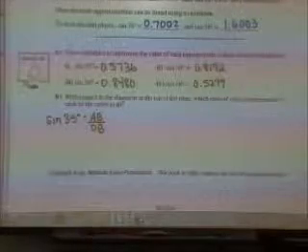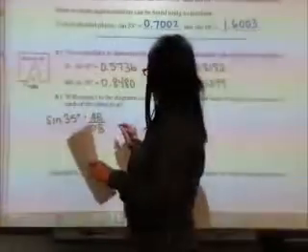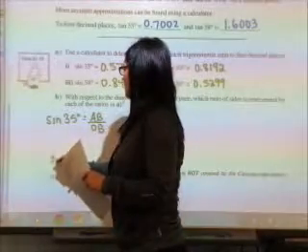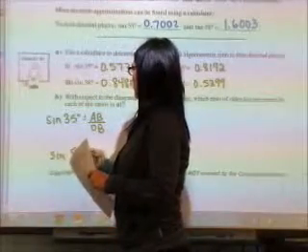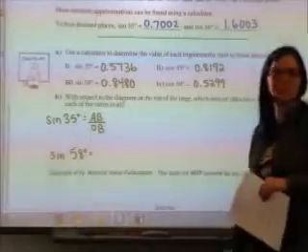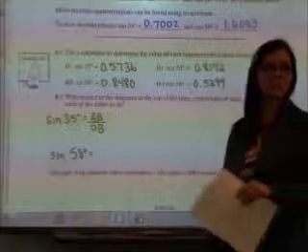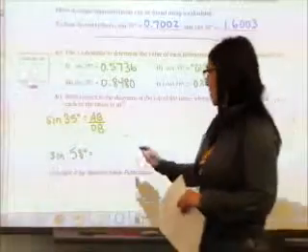So take a moment to write down what the ratios would be for the other 3 trigs. Okay, so what is sine 58? What 2 sides are being compared in sine 58? What's the opposite side called? AB.